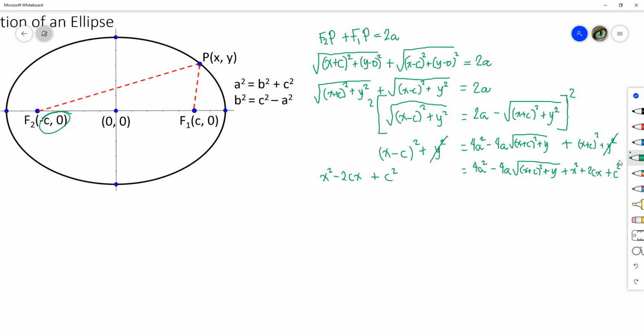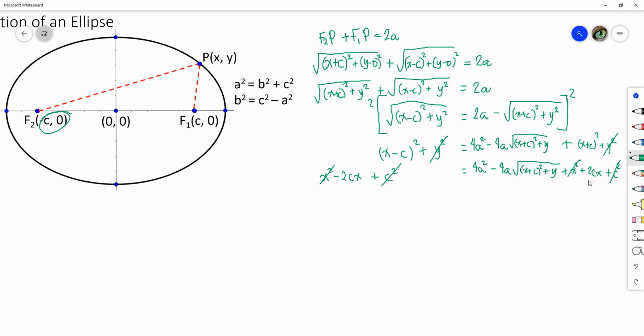Now, as you can see here, on the left side and the right side there are terms that are equal, so we can cancel them out. So c squared can be cancelled out. Then we also have the x squared. X squared can be cancelled out.